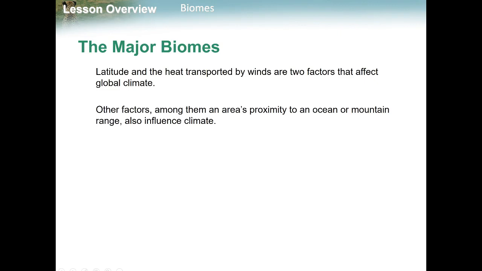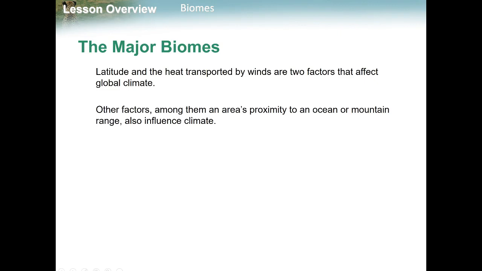Okay, so we mentioned, because I was answering for you, that latitude is one of the things that can influence a biome. And we also have to think about the heat that is transported by the winds that are also going to be a factor that affects the global climate.